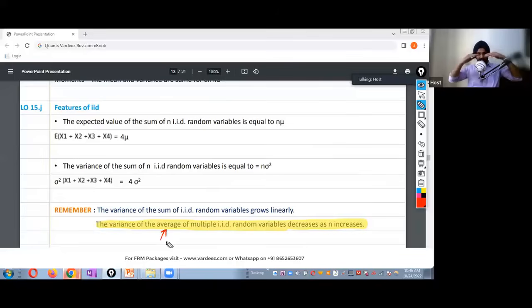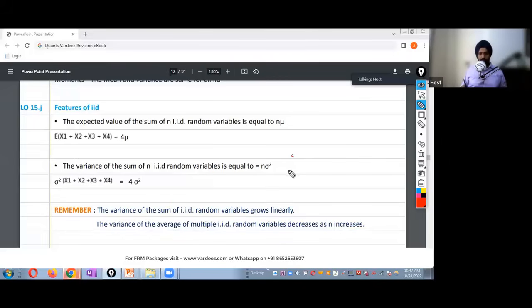When you take the average of multiple IID random variables, the variance will actually decrease as your n increases. As your number goes up, the sum will also go up, right? We have said that. But if you average it out, it's going to be lower.